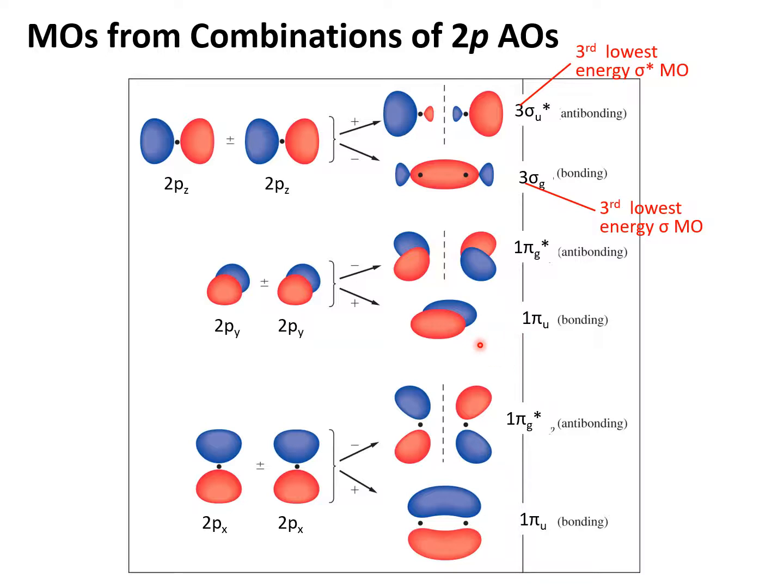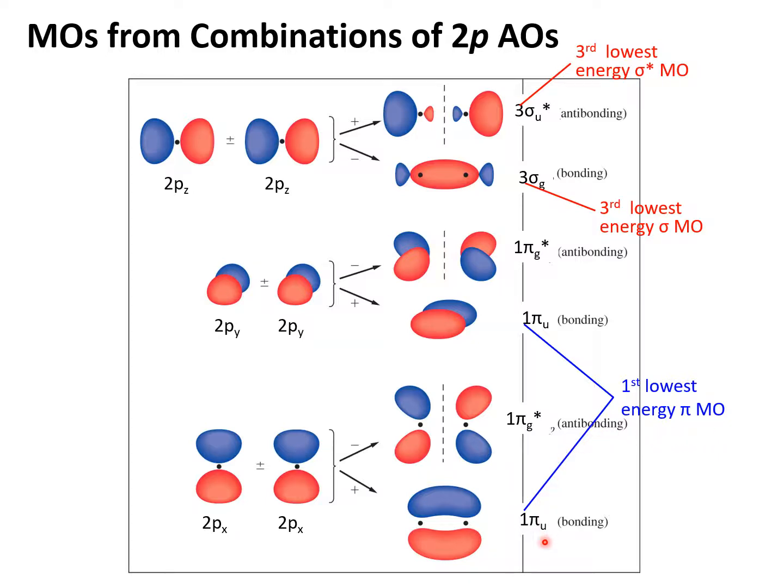Now, the energies of these two orbitals are the same, and therefore the bonding MOs are both labeled 1 pi u. Okay? Pi because they are side-to-side overlap, which creates a pi bond. 1 because they're the lowest energy pi molecular orbitals.